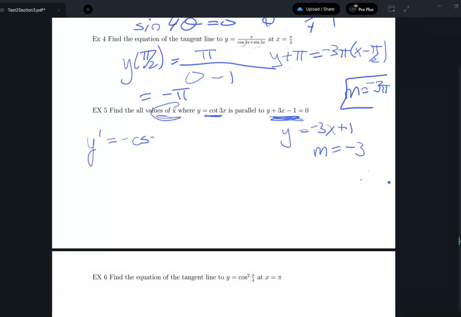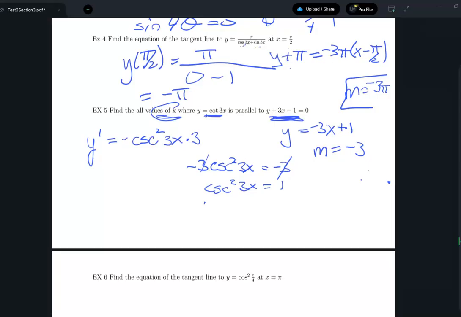That gives me negative cosecant squared of 3x times the derivative of 3x, which is 3. So I'm going to set negative 3 cosecant squared of 3x equal to negative 3. I can divide through by the negative 3s, so I get cosecant squared of 3x is 1.